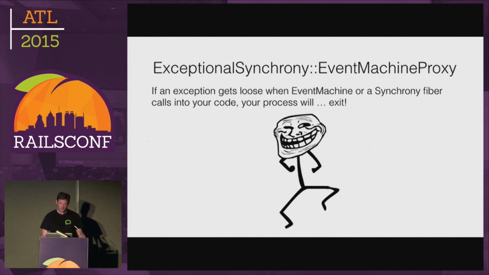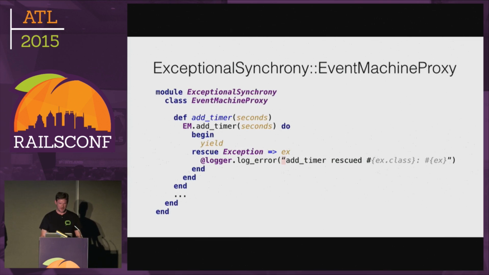So after having been burned by that, we wound up with just a thin layer above all the EventMachine methods, and they look like this. They just rescue and log the errors and don't let them get any higher, because these are basically the top of the stack. There's nobody above you at this point, so if you let the exception get up to them, they'll exit.